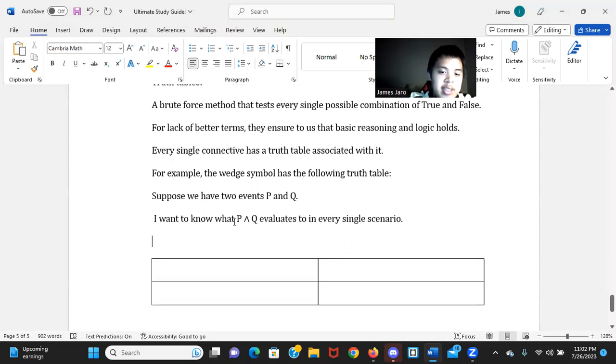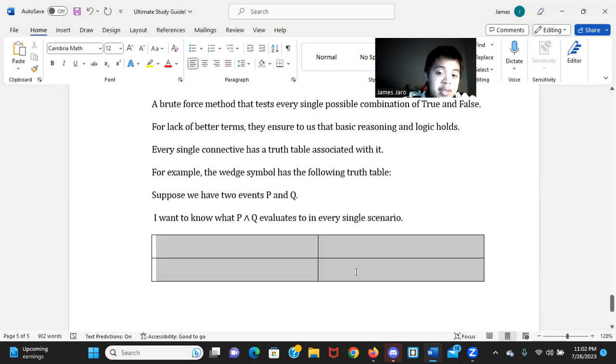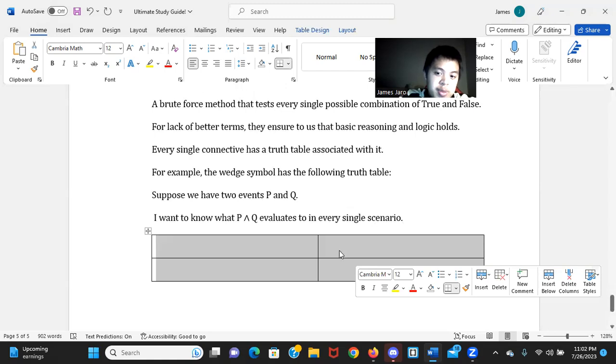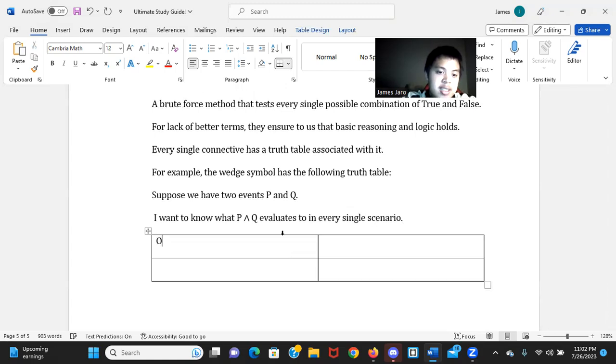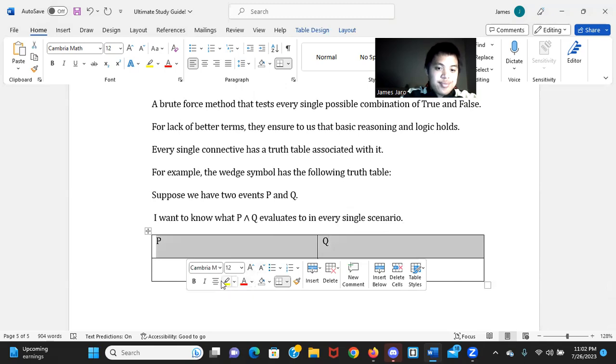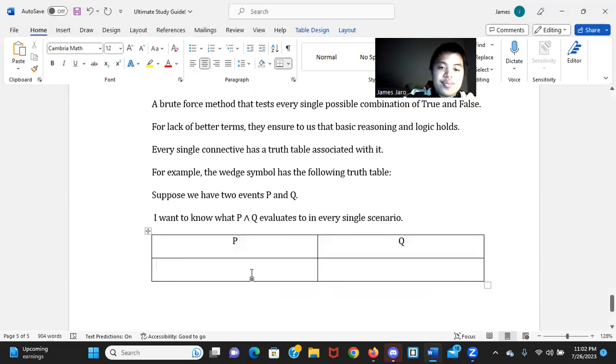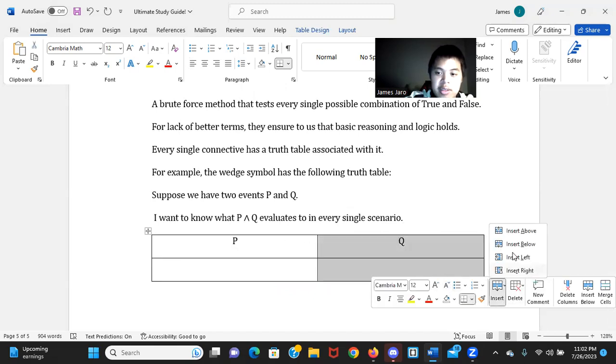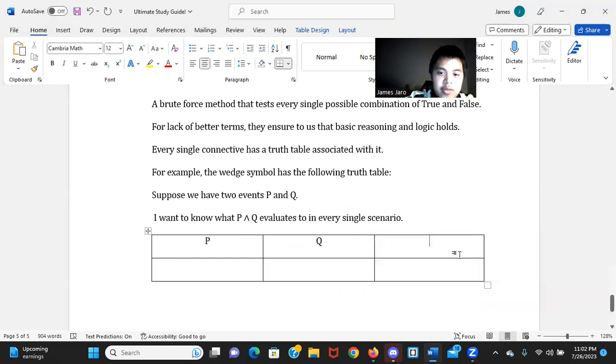Let's think of this from the logical perspective. So let's say that this is P, this is Q, and I'm going to center this. And I'm going to create a third column for P wedge Q so we can see this.